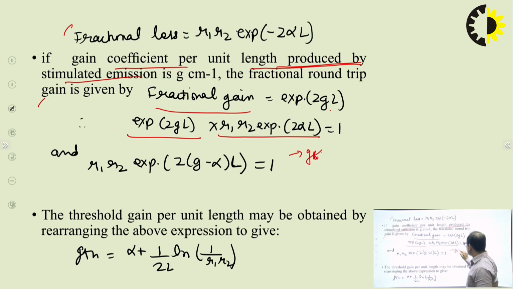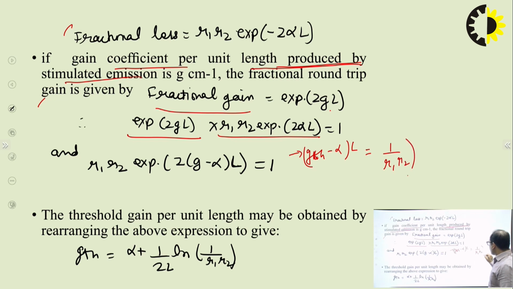This gives e to the power 2 (G_th minus alpha) L equal to 1 upon R1 R2. Taking the natural log, clear?